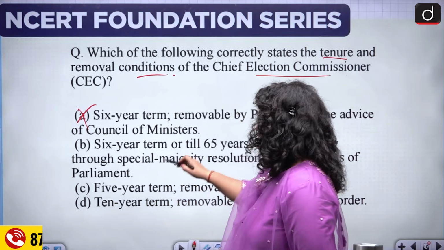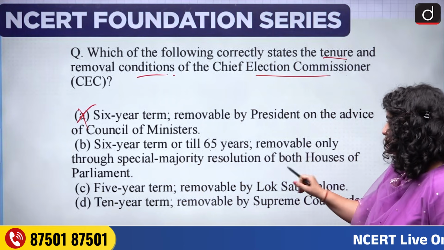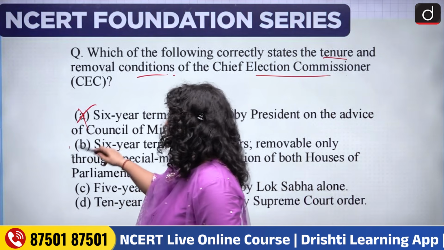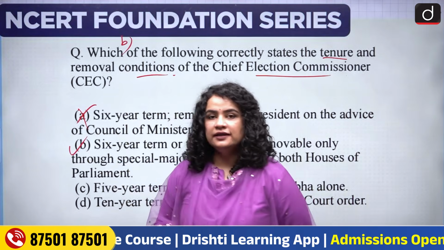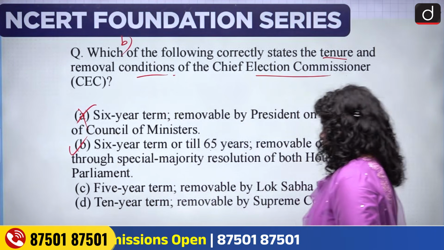Option B says 6-year term or till 65 years, removable only through special majority resolution of both houses of the parliament. This is exactly what we have just discussed in quite some detail, and therefore this is our correct answer.